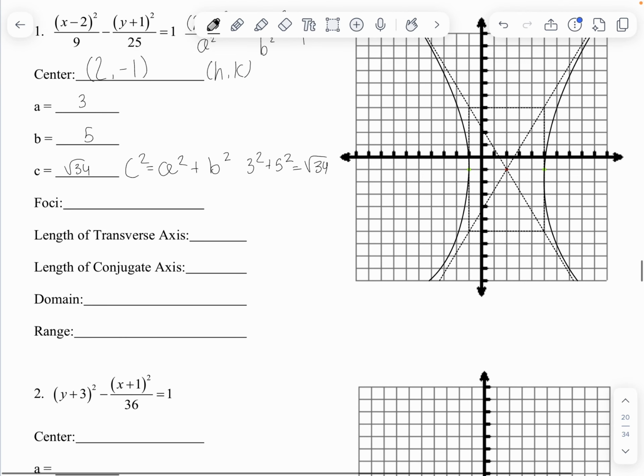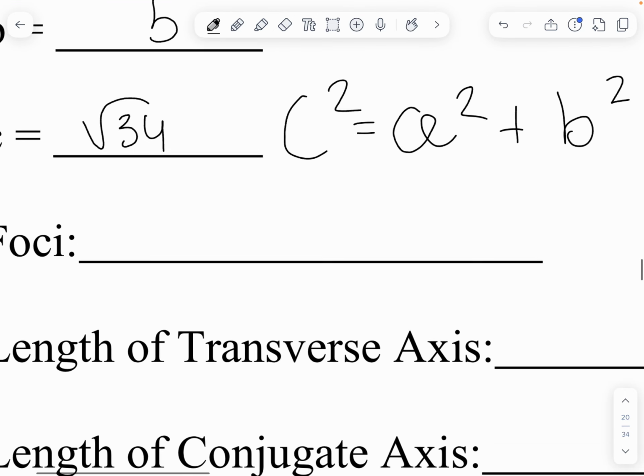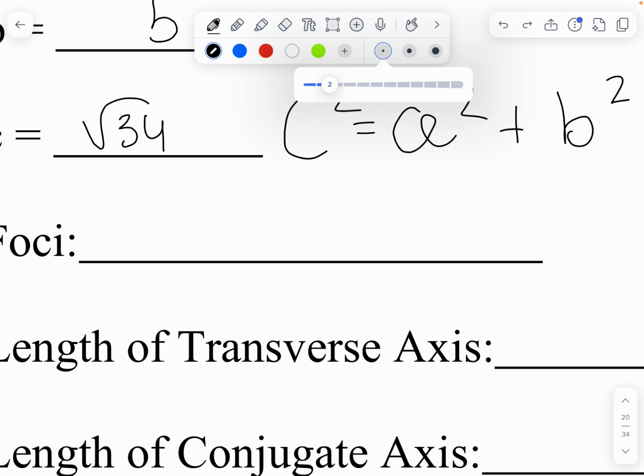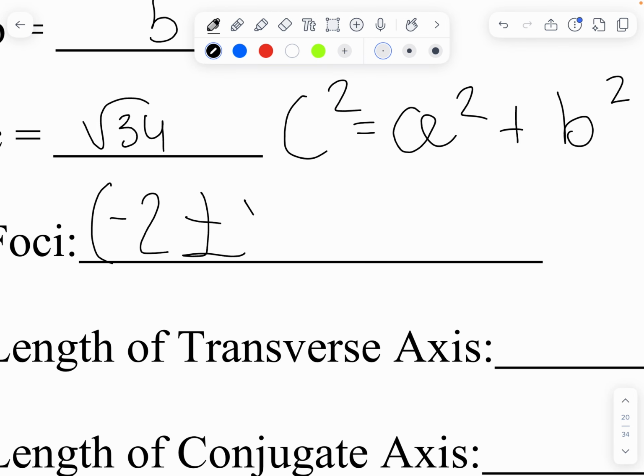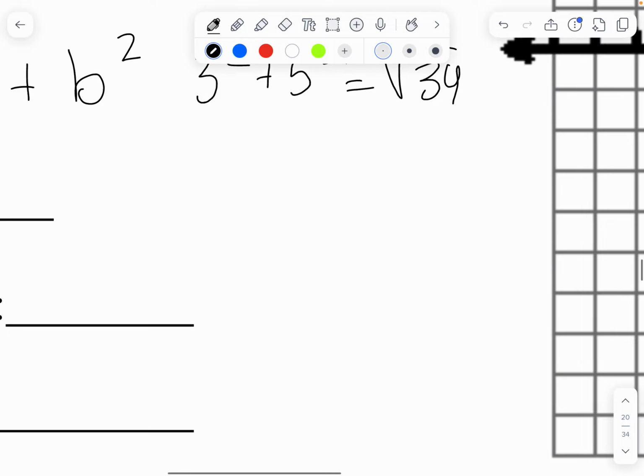Okay, now we obviously have to draw on our foci, but this is pretty easy since this is based on the center, so it's -2 plus or minus root 34, comma, -1. And root 34 equals, in decimal format, approximately 5.83.